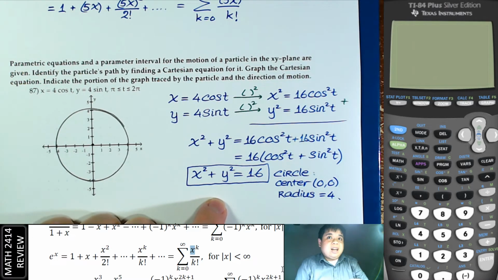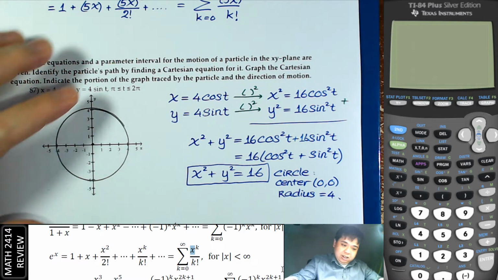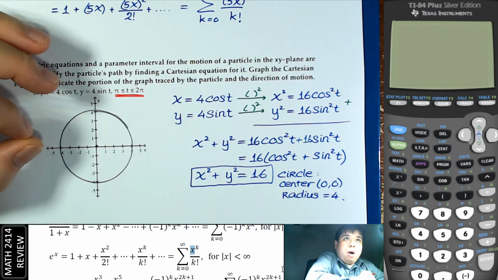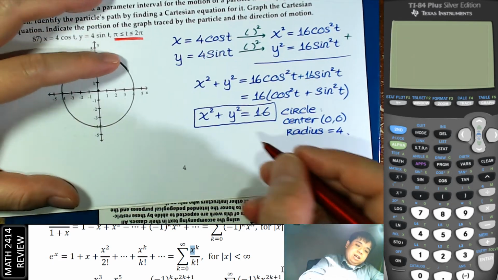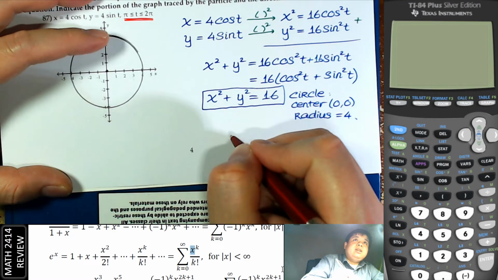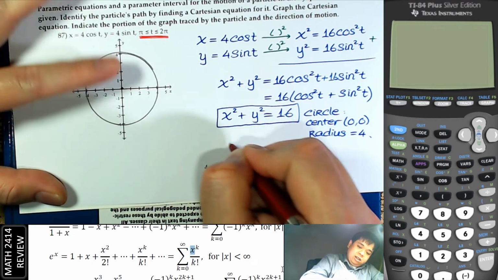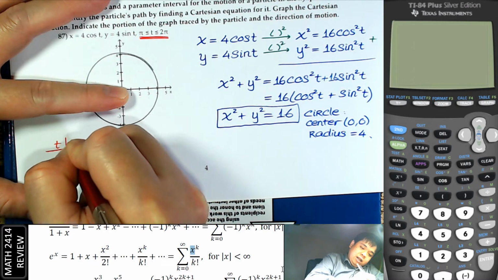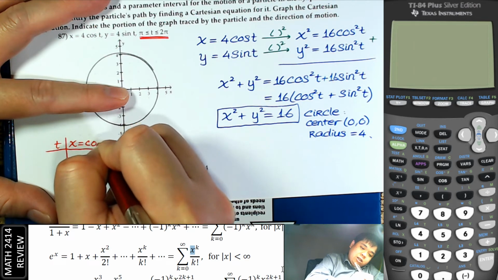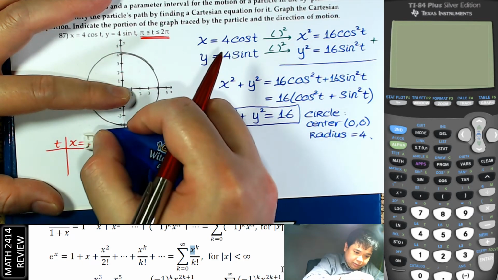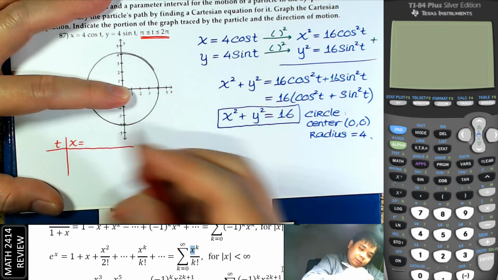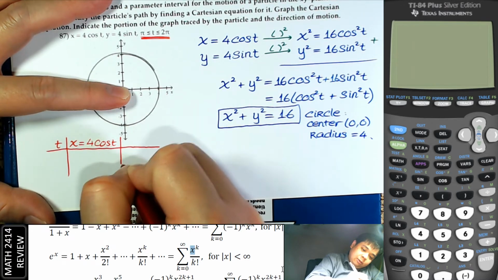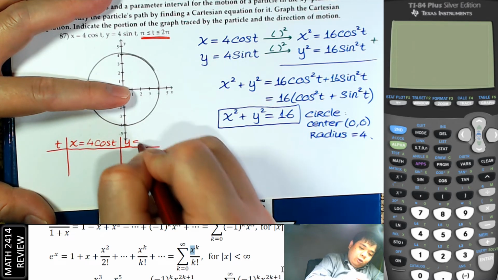The Cartesian equation is that, but here we do have the interval, from pi to 2 pi. So in that case, we will make a table and see what happens. T, then x equal to 4 cosine t, and y equal to 4 sine t.